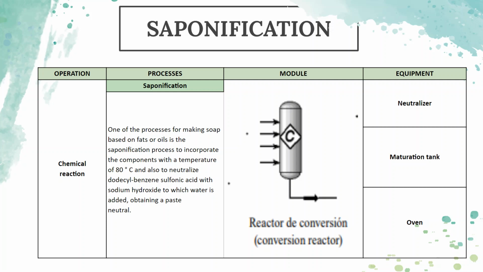Its first operation is the chemical reaction, which has a saponification process that serves to incorporate the components at a temperature of 80 degrees Celsius and also to neutralize the sulfonic acid with sodium hydroxide. Water is added, obtaining a neutral paste.